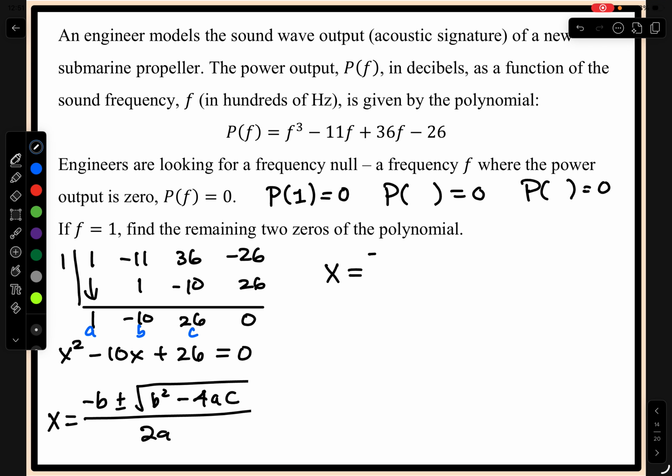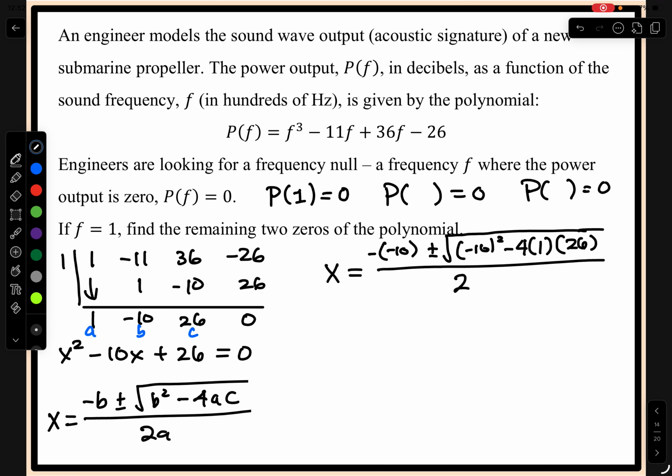So we have negative B, which is negative 10, plus or minus the square root of B squared, negative 10 to the second power this time, minus 4 times the value of A and the value of C. We're going to divide that by 2 times the value of A, and let's see what we get.